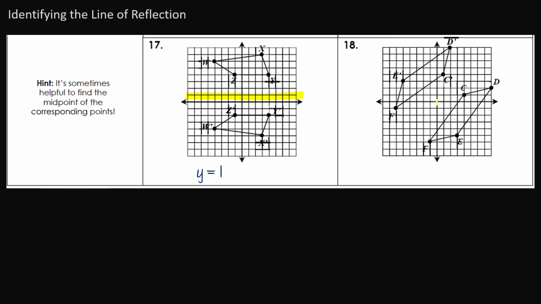If I test out y equals x, just to check, I notice that I have to move up 2 and left 1 to get to C prime, and I have to move down 1 and right 2 to get to C. I'm seeing that they are equal distance from each other. And the same with all of the other points. They are equal distance from this line of reflection, and that line of reflection would be y equals x.